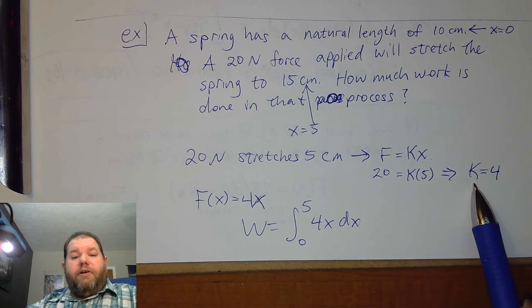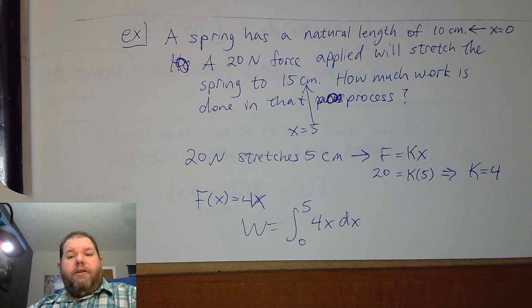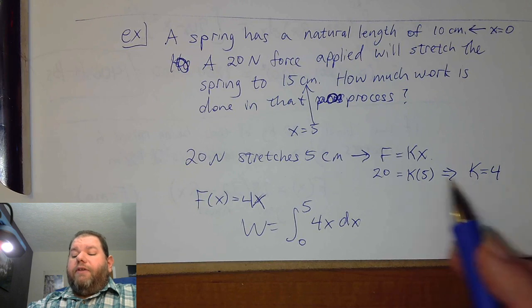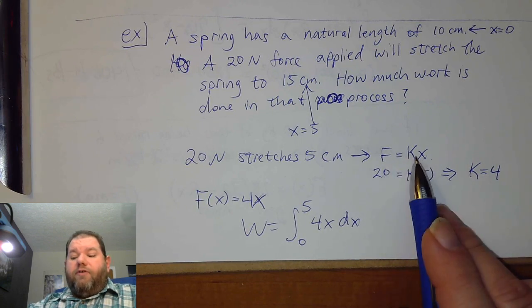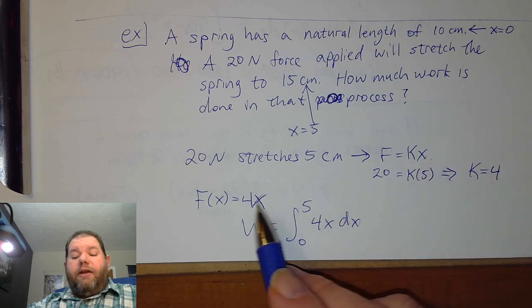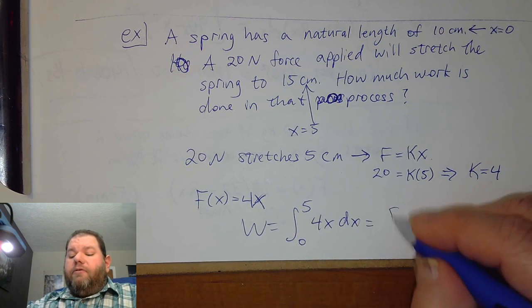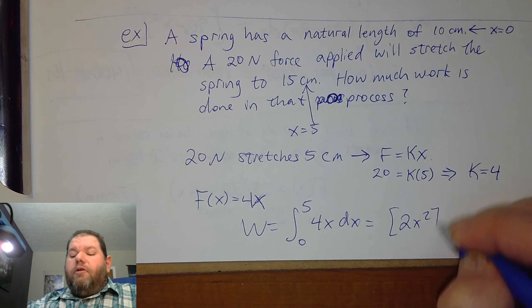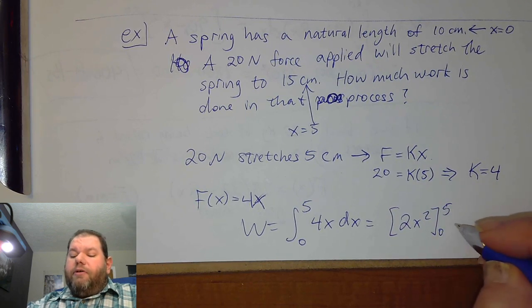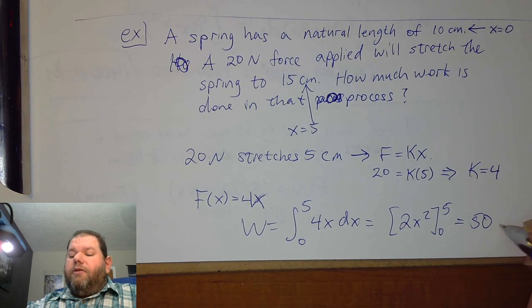That tells us the spring constant, how strong the spring is and its relative strength in trying to restore to its normal length. Knowing that k is 4, our function f is actually 4x. We then integrate from 0 to 5, and that gives us a value of 50 Newton centimeters as the work being done.